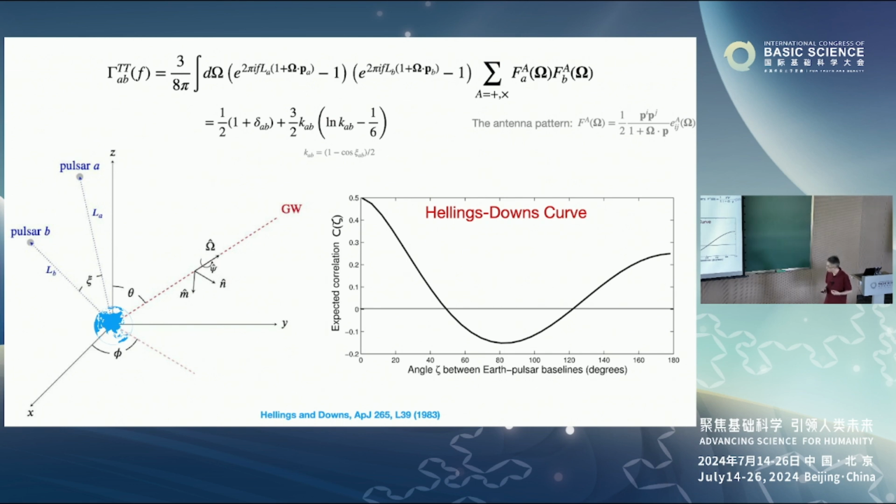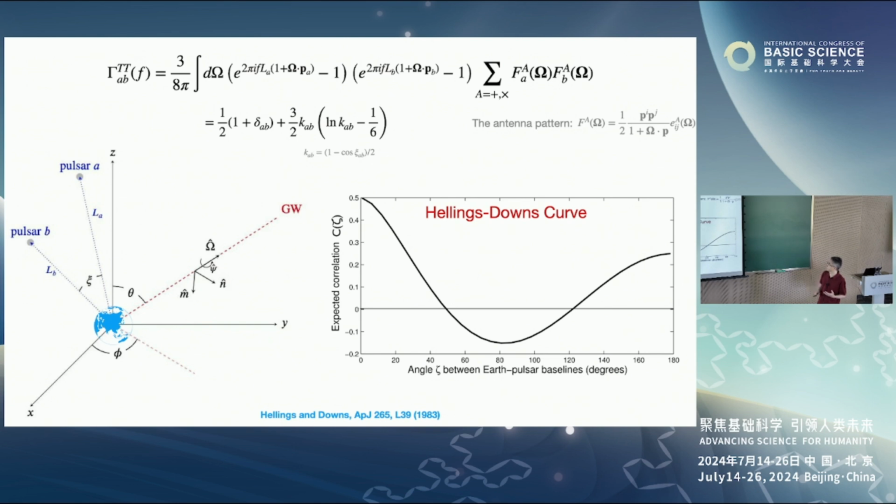And then we need some criteria to say whether this stochastic signal is gravitational wave or from other sources. So we need to compare the signal from different pulsars. There should be some correlation between the pulse timing.